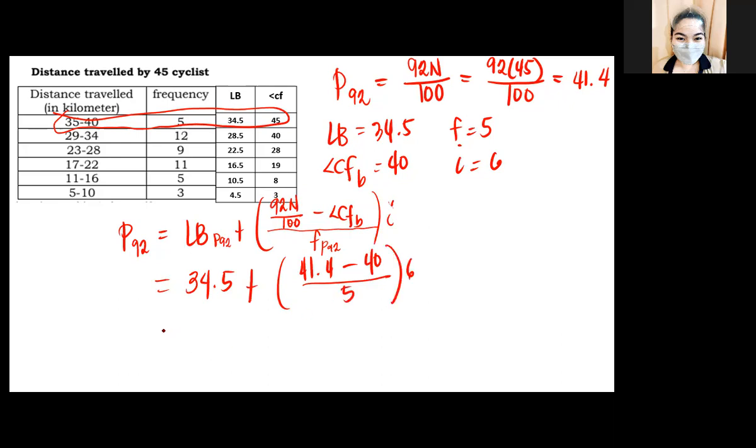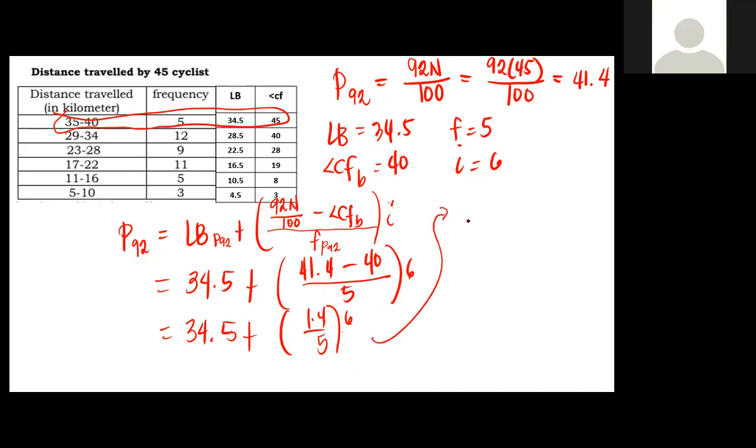times 6. So this is 34.5 plus, this is 1.4 divided by 5 times 6. Ano magiging answer natin? 1.68.